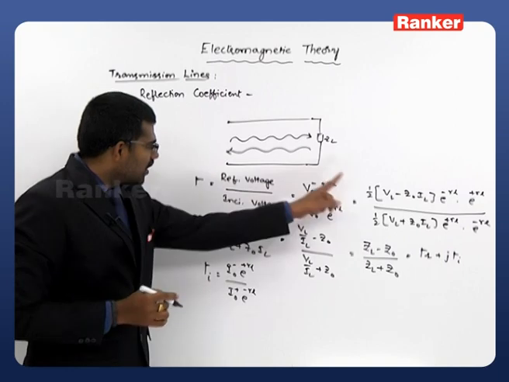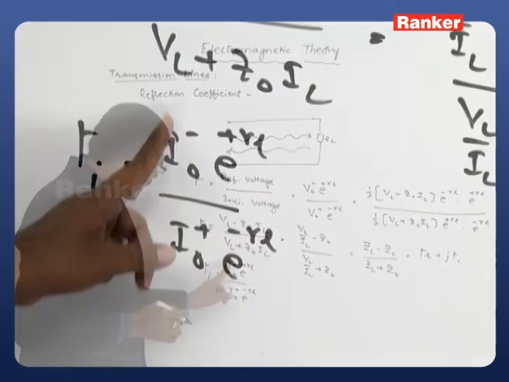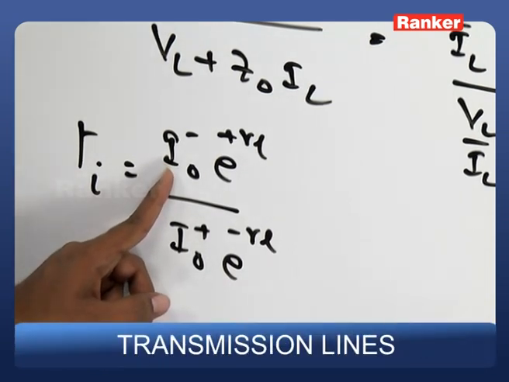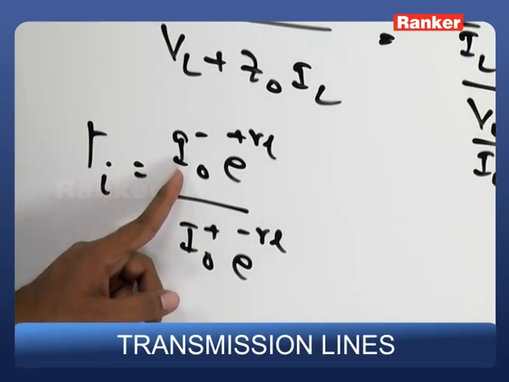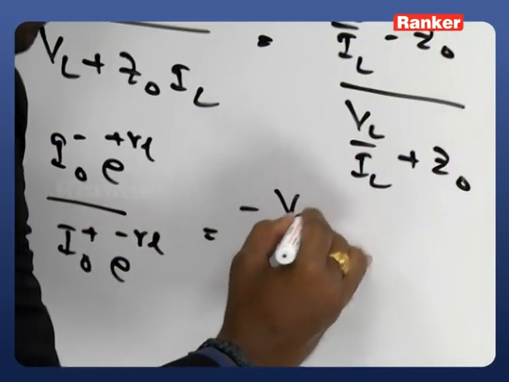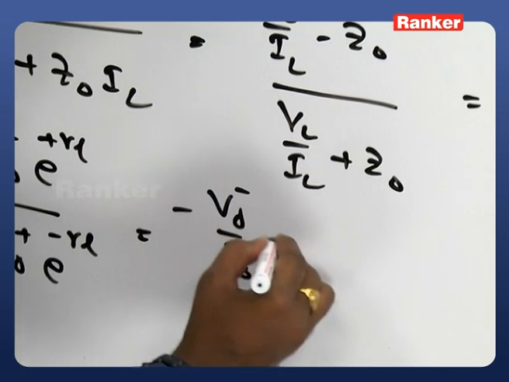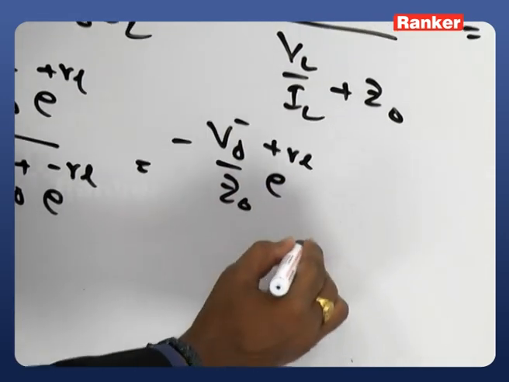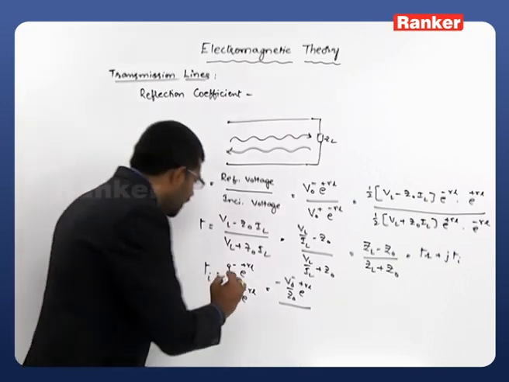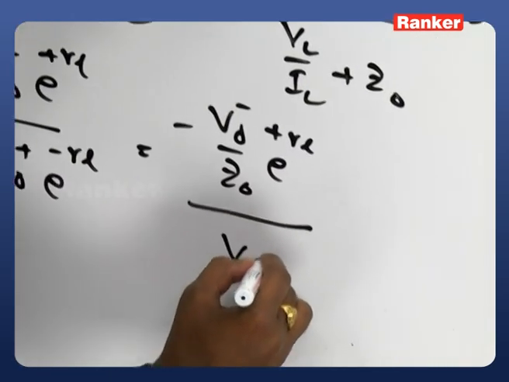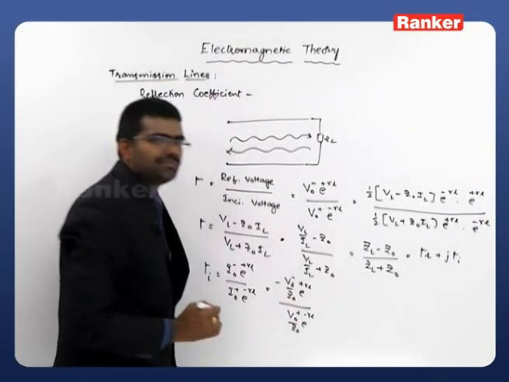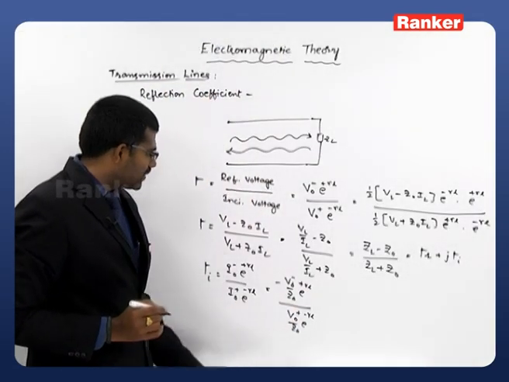Right, don't go for another simplification like this. What I do is directly simplify this one here itself. Instead of I naught minus, what can you write? V naught minus by minus Z naught. So here what you have is minus V naught minus by Z naught, this term as it is, e power plus gamma L, divided by, and here I naught plus can be replaced with V naught plus by Z naught e power minus gamma L. Z naught will be cancelled.